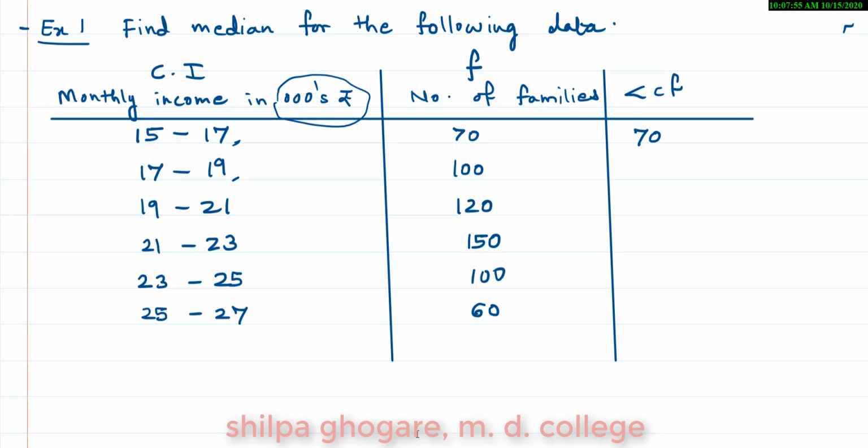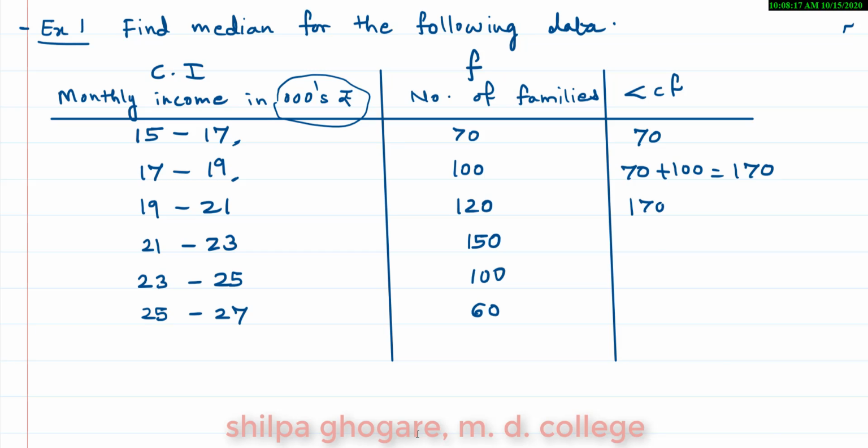Then if I ask you how many families have monthly income less than 19,000, then these are 70 families plus 100 families. So I add 100 to it, I get 170, and then so on. You just go on adding and you get the column of less than Cf.